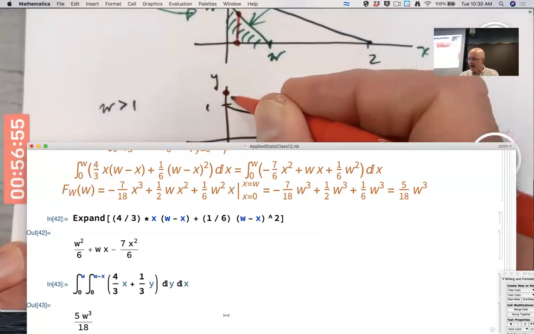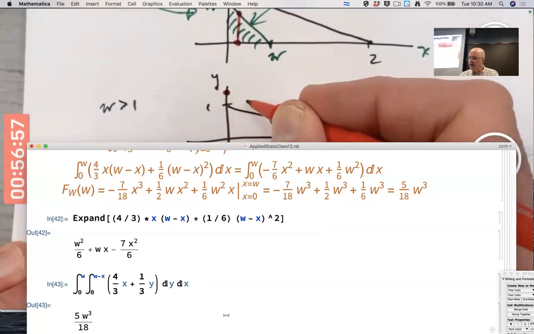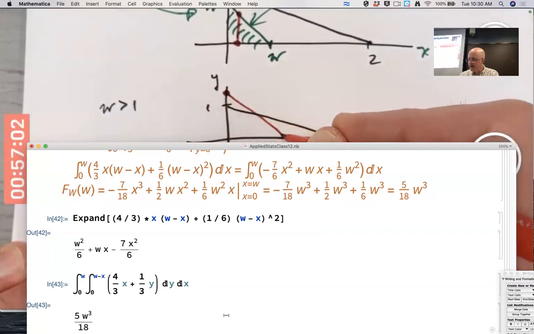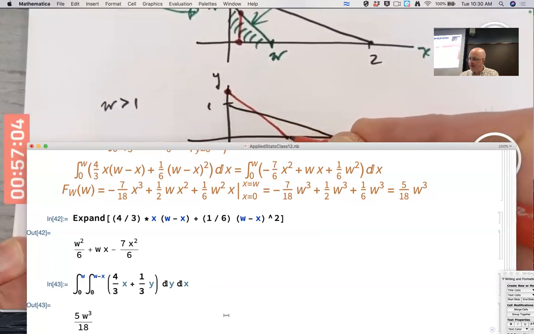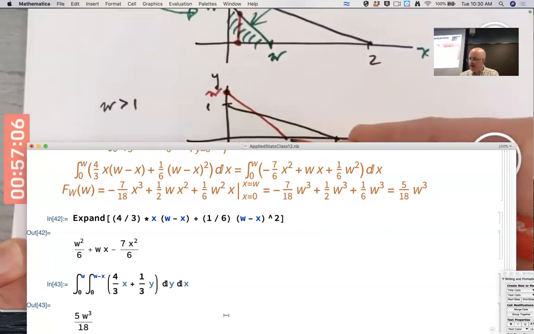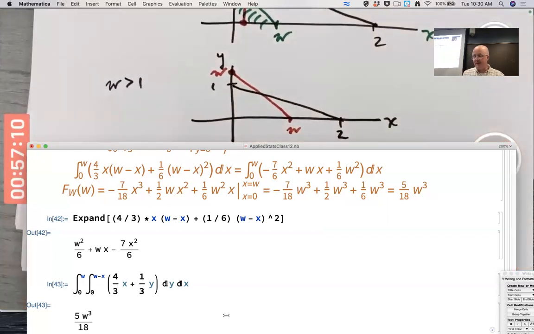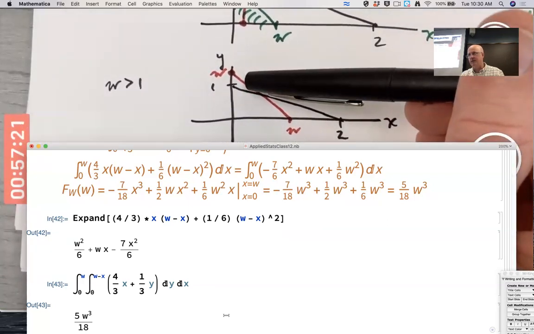The triangle where X plus Y is less than or equal to W looks like this. That's W there. This is still W here. But that triangle is not the domain of integration. Well, you could call it the domain of integration. However, the joint PDF is 0 up there because you'd be outside of the black triangle.